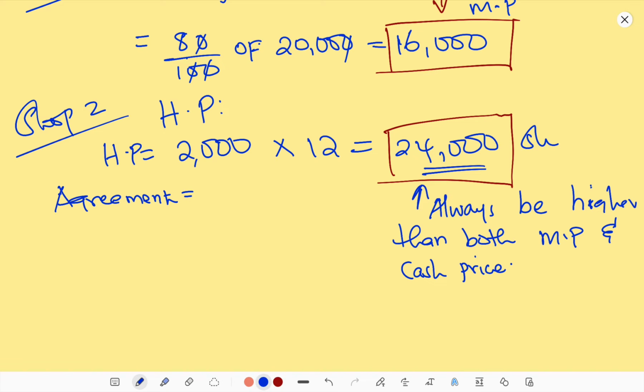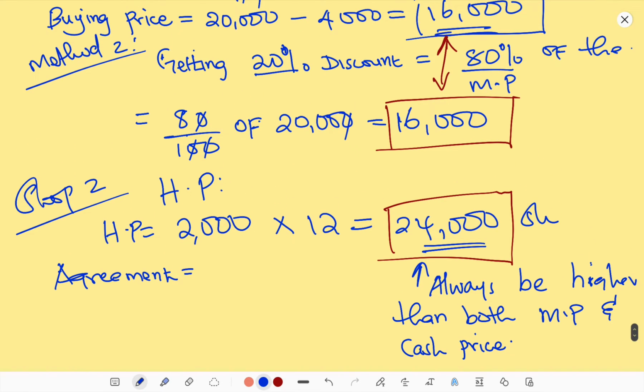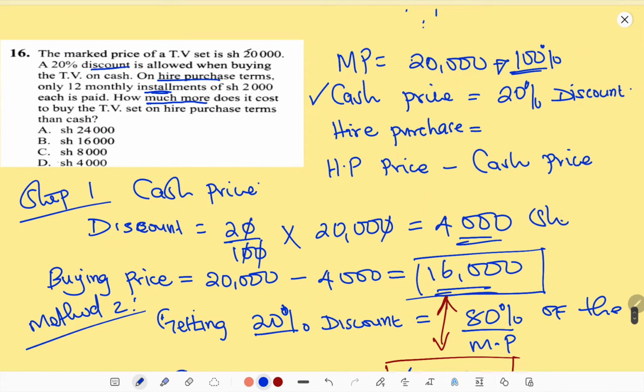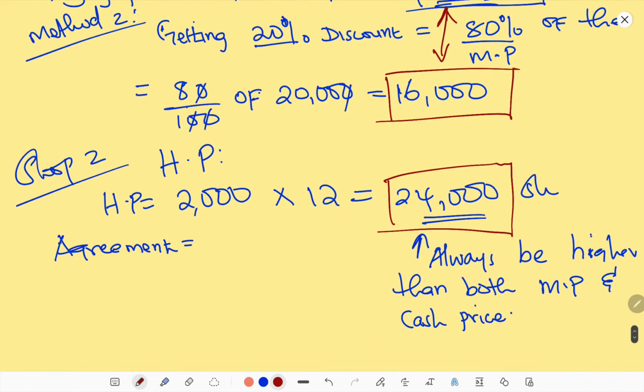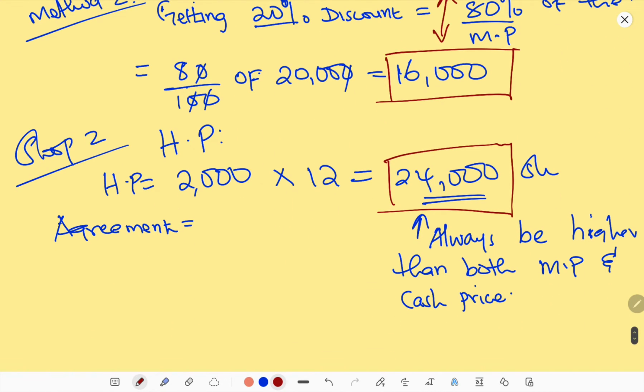In this question, it's 24,000. The cash price is 16,000. The marked price was 20,000. So the hire purchase price will always be higher.